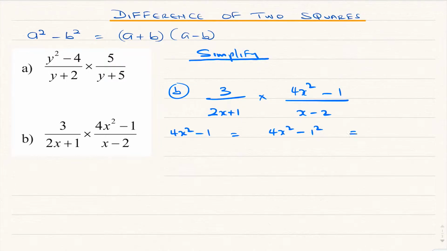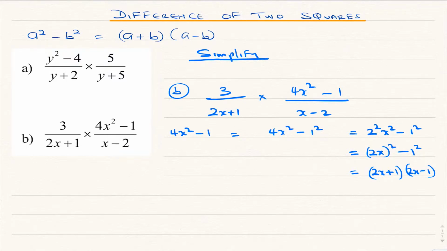Therefore, that will become 2 squared x squared minus 1 squared, and that becomes 2x squared minus 1 squared, which gives 2x plus 1, 2x minus 1. Those are the factors.